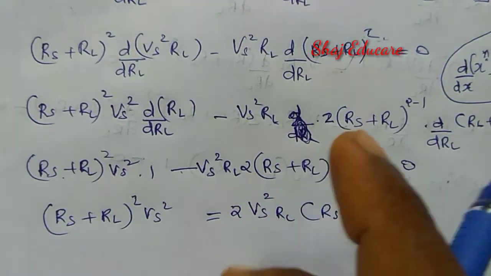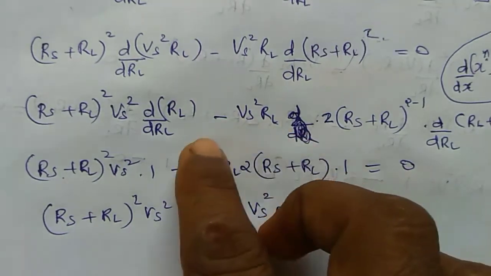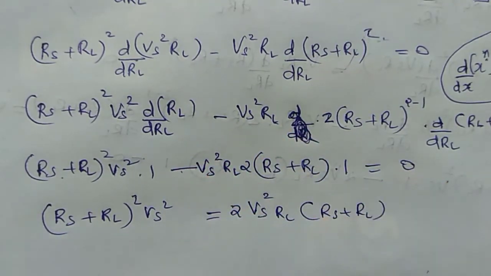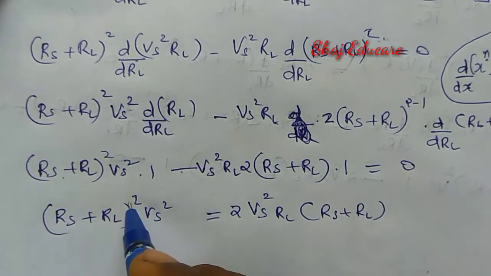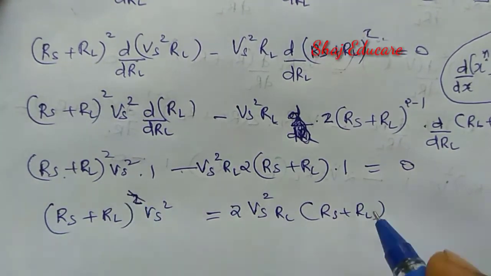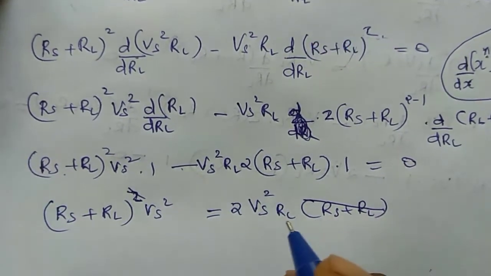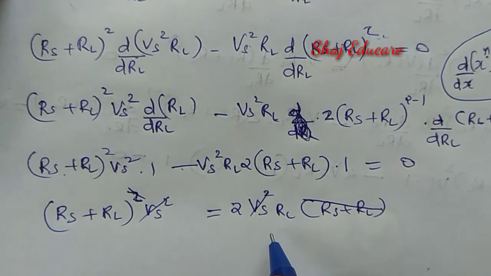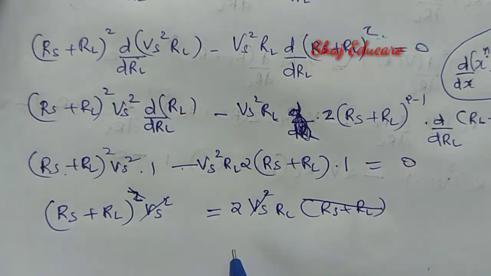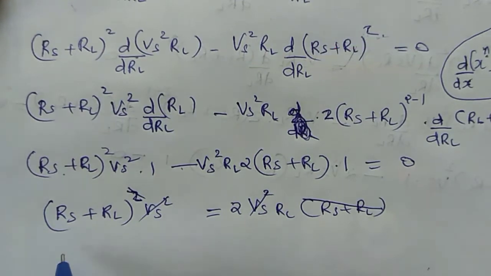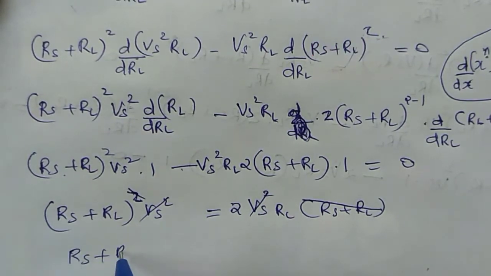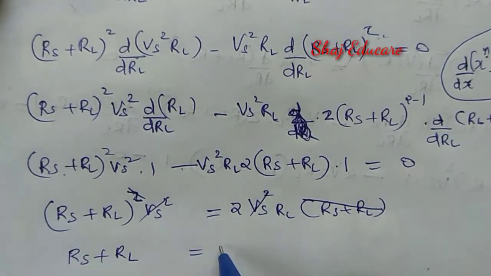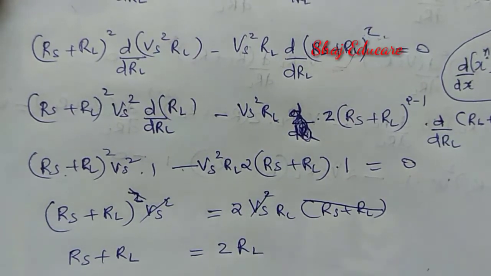Simply, I took the second term to the right hand side. Now I can cancel this one and this one, so Vs square and Vs square cancel. Then the remaining equation is Rs plus RL, and in the right hand side we have 2 into RL.